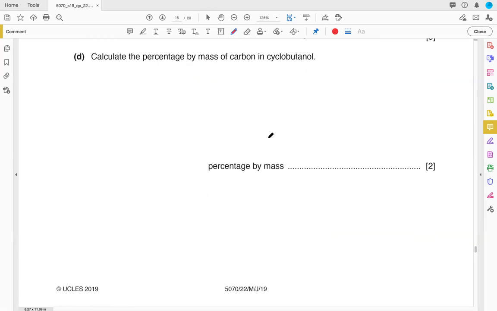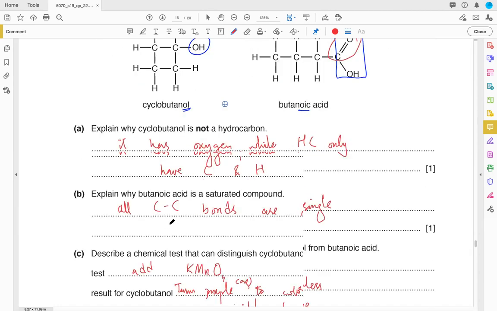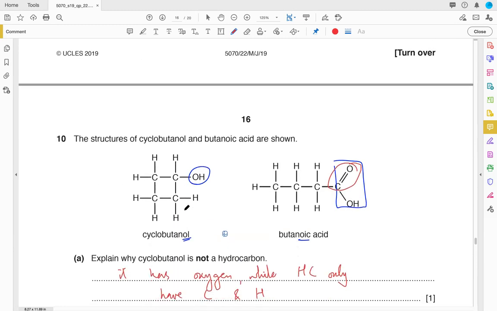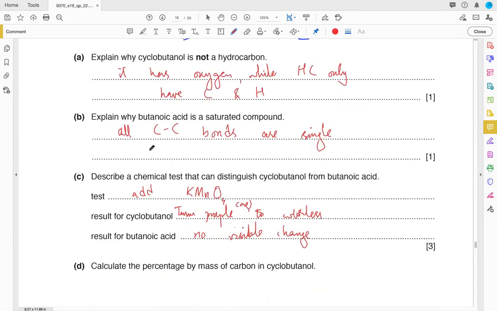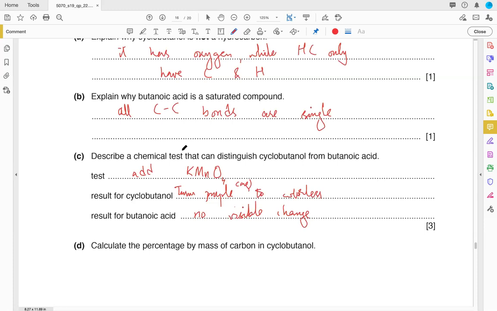All right, calculate the percentage biomass of carbon in cyclobutanol. Let's look at the formula. There are 4 carbons and 8 hydrogen and 1 oxygen. So C4H7OH.